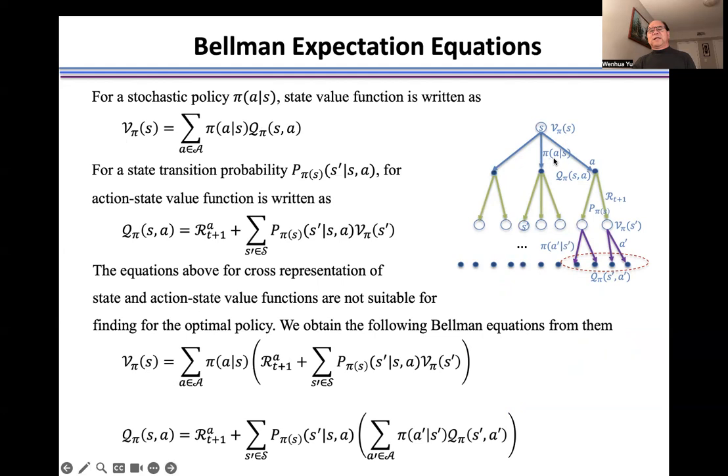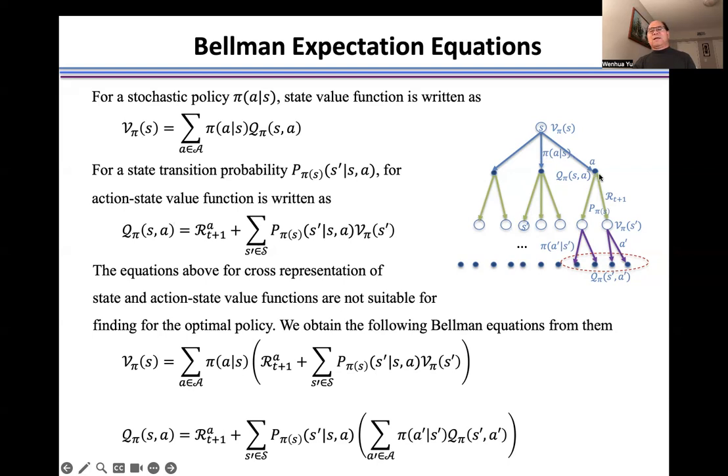They are connected to each other through this policy probability. Then we calculate the sum over the action A, and from this Q function we get this V function.